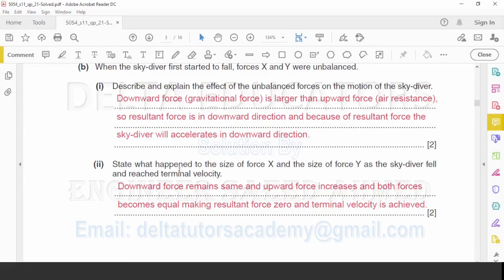So what we have to write here? Downward force remains same. This downward force, means force x, remains same. The upward force increases. This y gradually increases. In the beginning, this y was 0. Now this force y gradually increases, and after some time these two forces become equal, making resultant force 0.